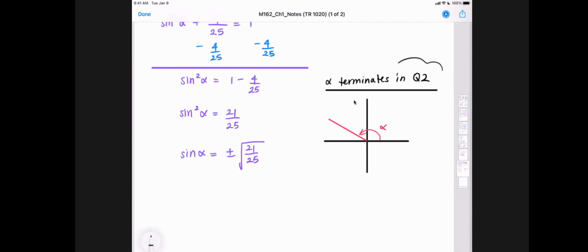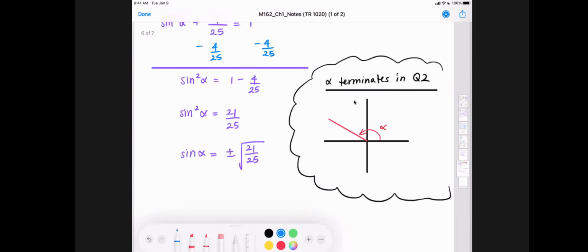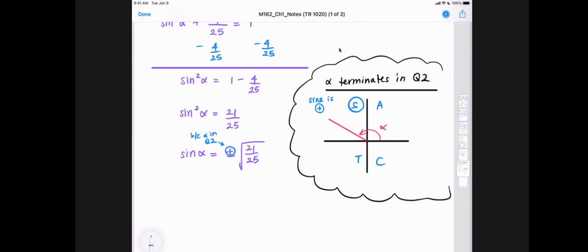This is where we're going to start using that All Students Take Calculus. That tells us the sign of all the trig functions depending on the quadrant. So if we go All Students Take Calculus and we're in quadrant 2, this is telling us that sine is positive. So we're going to take this positive sign because alpha's in quadrant 2. This is quadrant 1 for All.